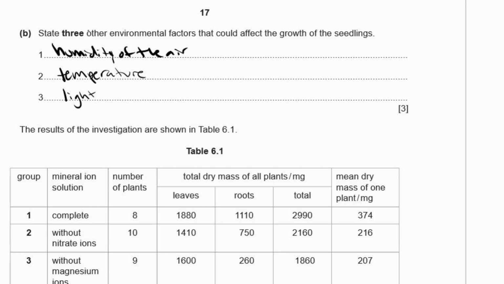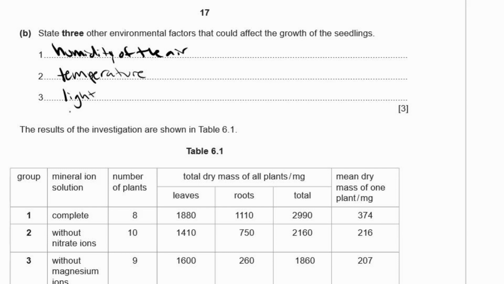You could say the amount of CO2, amount of carbon dioxide, the pH of the solutions, the rate of the oxygen being supplied. So if you remember with the apparatus, the solution was put in and then taken out at the other side. So that would also contain oxygen in the solution.